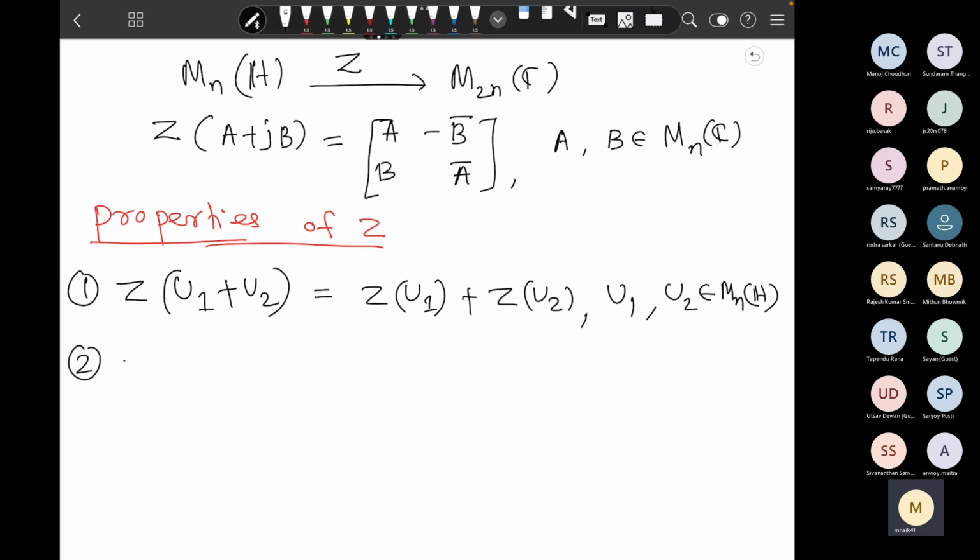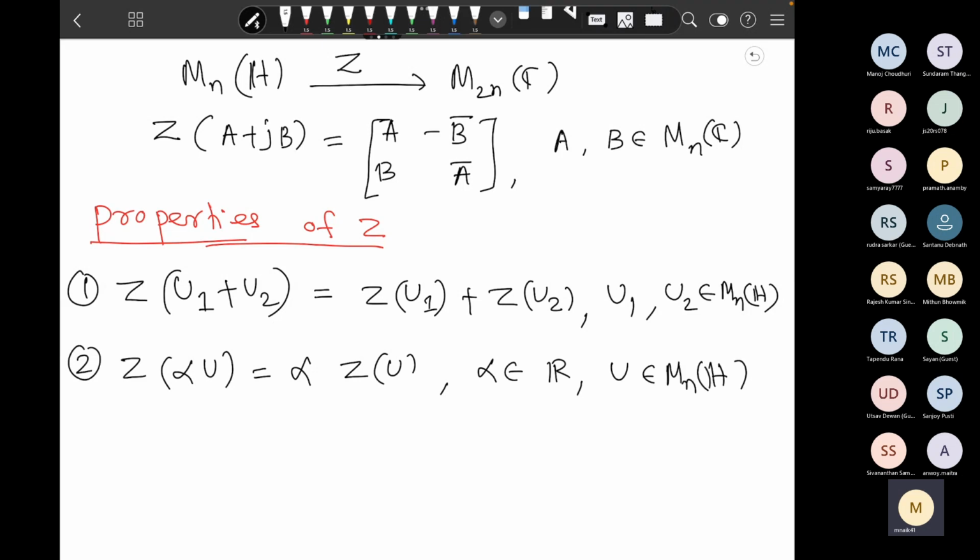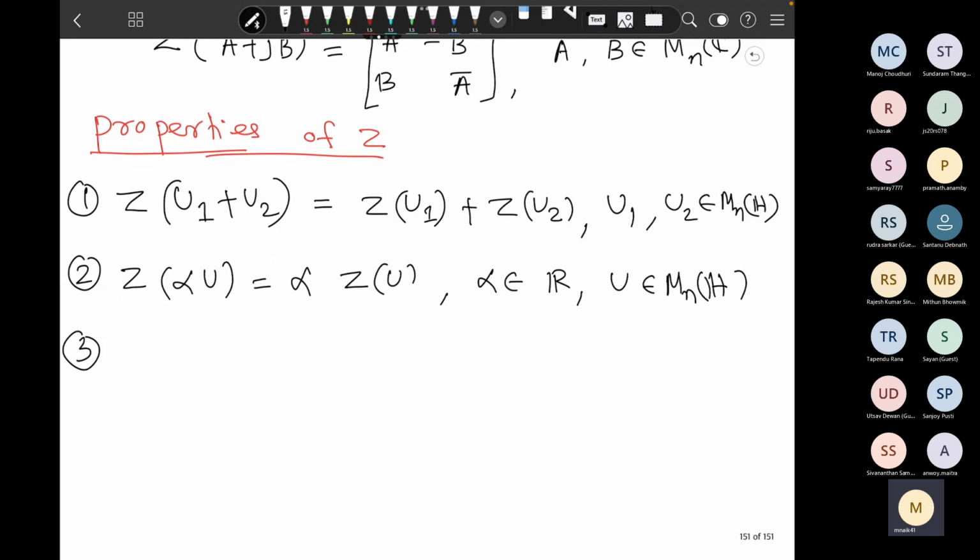The second thing is Z of alpha U equals alpha times ZU, where alpha belongs to R and U belongs to MNH. The third thing is Z of U1 U2 equals Z of U1 times Z of U2. The first two things are very clear, because of the way you add matrices. The third thing is also clear if you think a little bit.